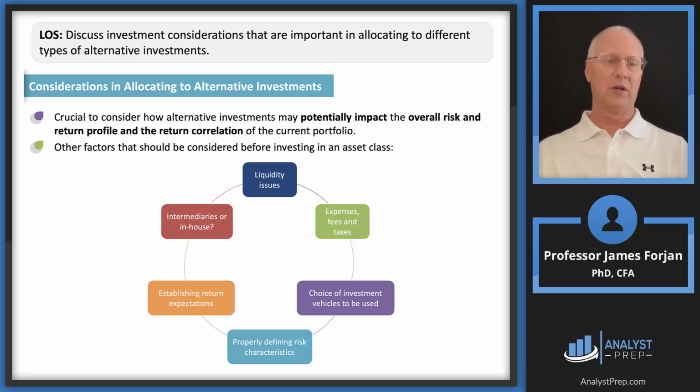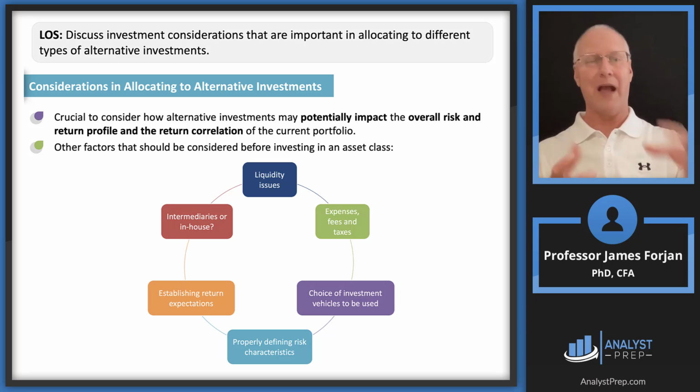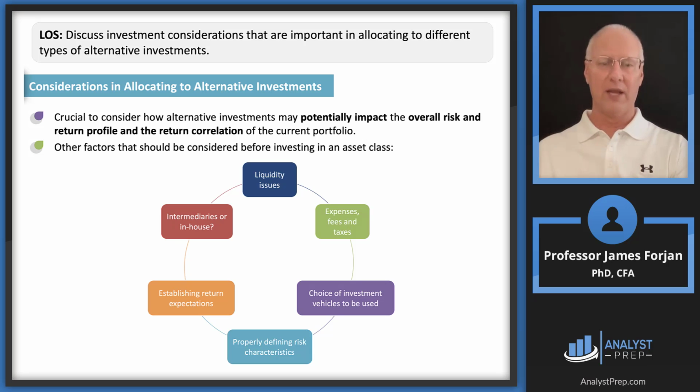So here's another little flow chart in a circular fashion that tells us about some of these considerations. We've talked about these before. There's liquidity issues. Go down to the bottom. There's properly defining risk characteristics. I said that earlier there, establishing return expectations. So that has everything to do with our macroeconomic analysis, our industry analysis, our security analysis, and then what is that return objective for the client?